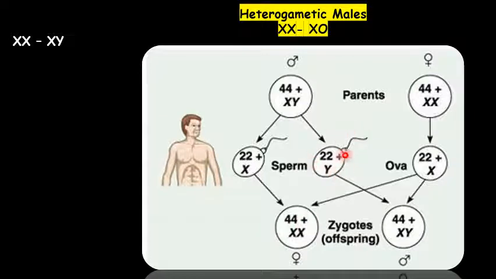Likewise, this sperm cell is bearing a Y chromosome. So this Y chromosome pairs with this X chromosome, and during fertilization it will obviously result in males, because males contain X and Y sex chromosomes, right? So this is how sex is determined in XX and XY type of sex determination.